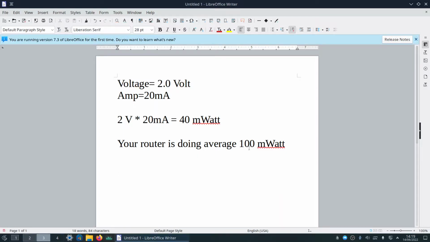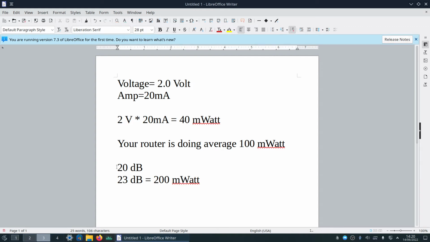Your router is doing 100 milliwatt at its antennas. That happens to be 20 dB. 23 dB is 200 milliwatt.